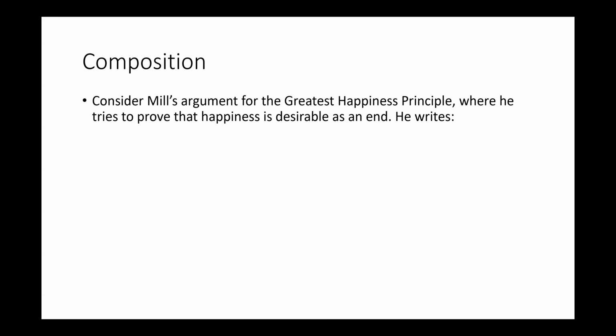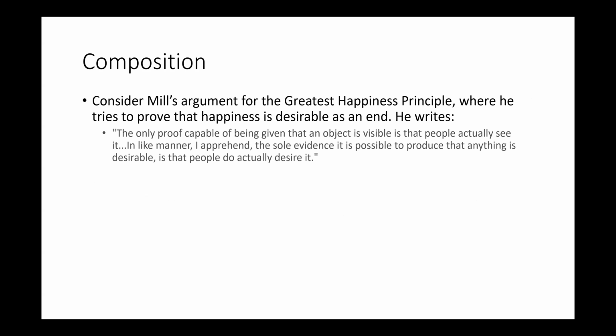So what he writes here is that happiness is desirable as an end. Here's what he actually says. The only proof capable of being given that an object is visible is that people actually do see it. In like manner, then, I can apprehend that the sole evidence it is possible to produce that anything is desirable is that people actually do desire it.